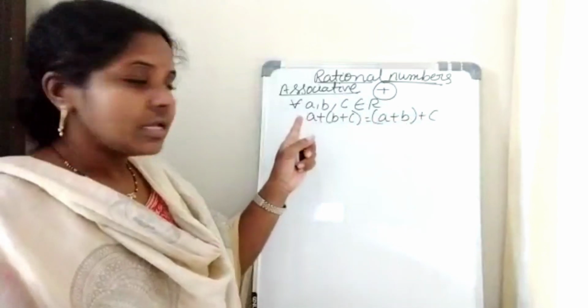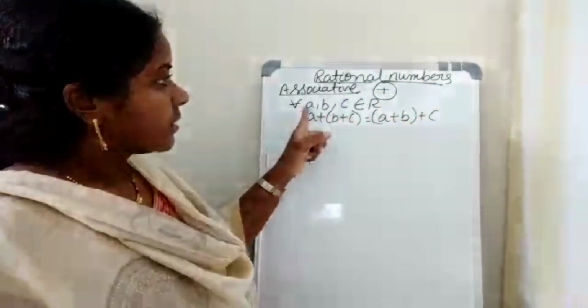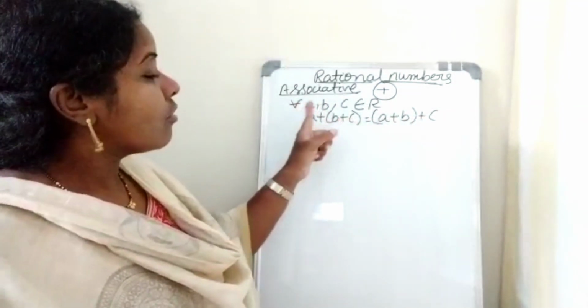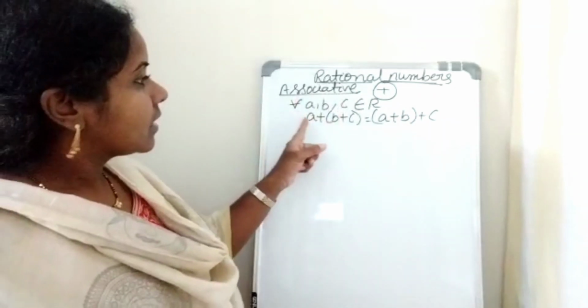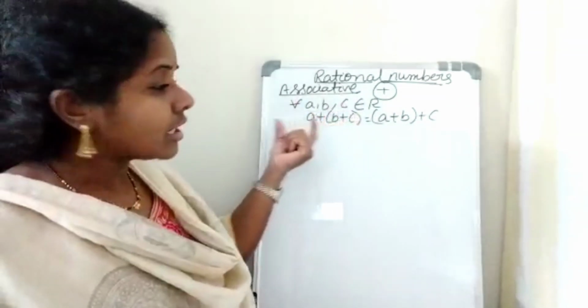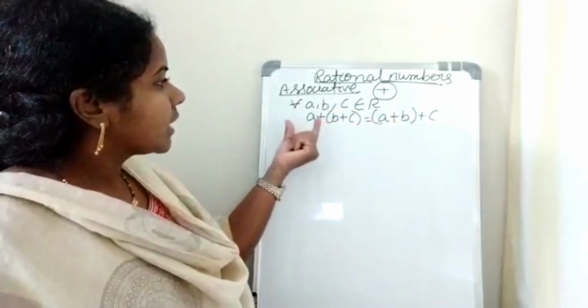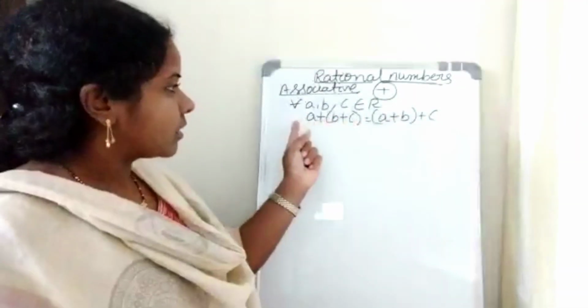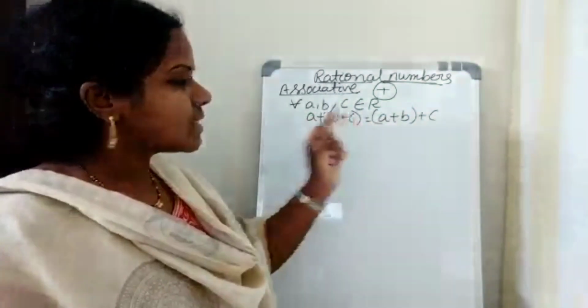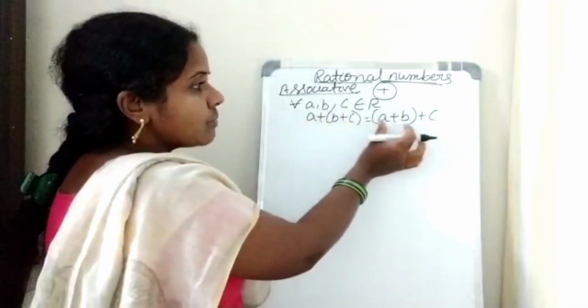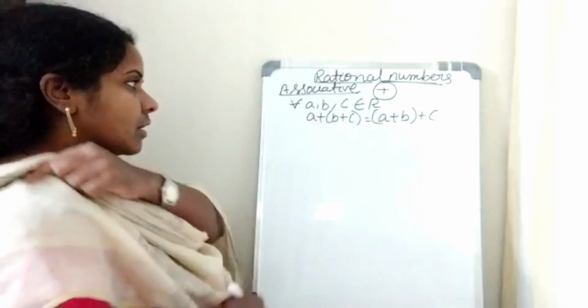Okay children, if we are taking more than two numbers, what I am doing here is that the grouping is changed. Here b + c is one group, here a + b is one group. The total numbers are the same, a + b + c.